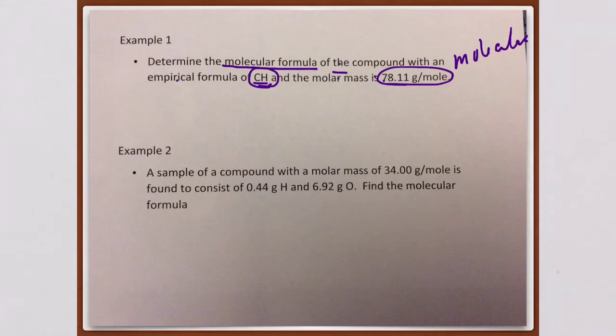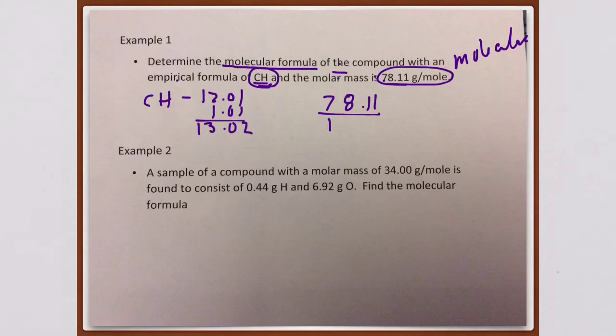empirical formula. So first, let's get the empirical formula molar mass of CH. That would be 12.01 plus 1.01 is 13.02. And then how many times does that go into 78.11?